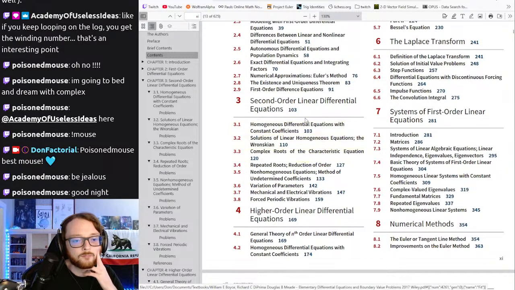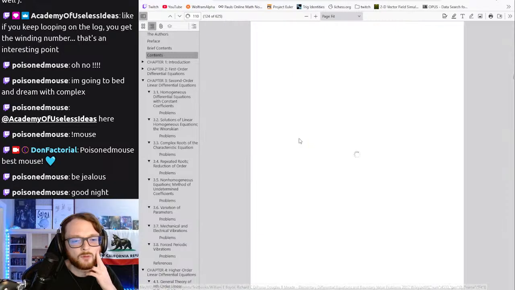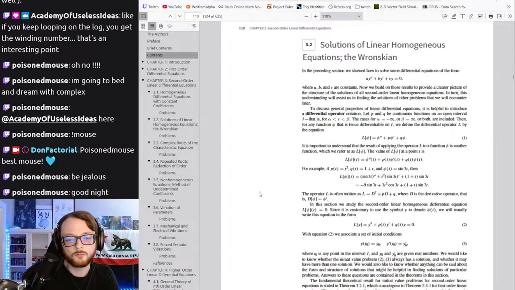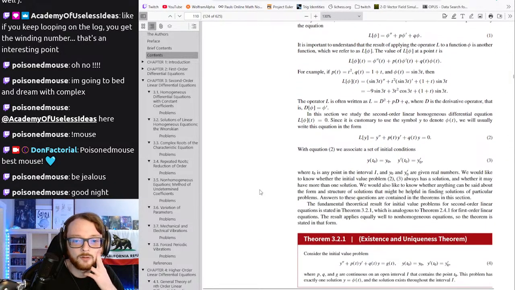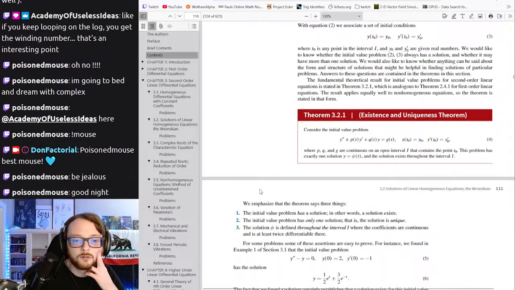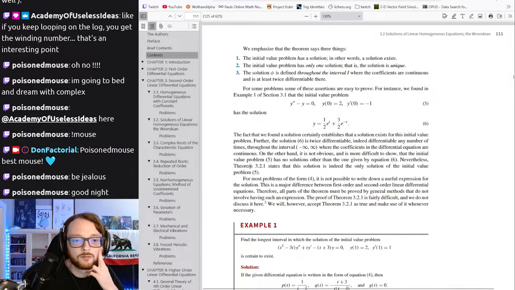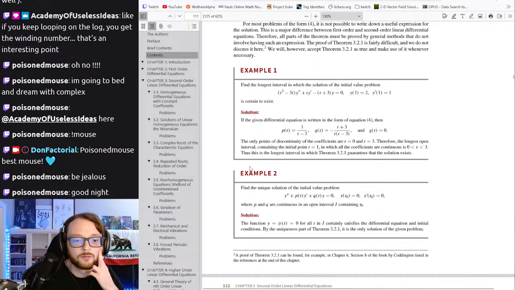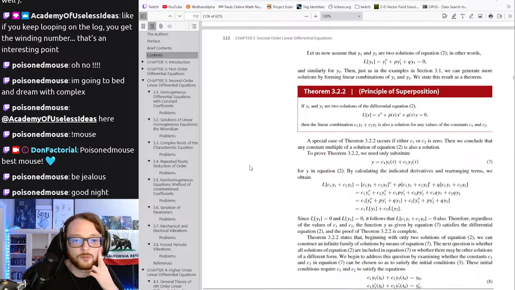Wait, the Wronskian comes up here? What is the Wronskian used for again? Oh, I did say I wanted to look at existence and uniqueness. I'm just gonna skip ahead to the Wronskian.